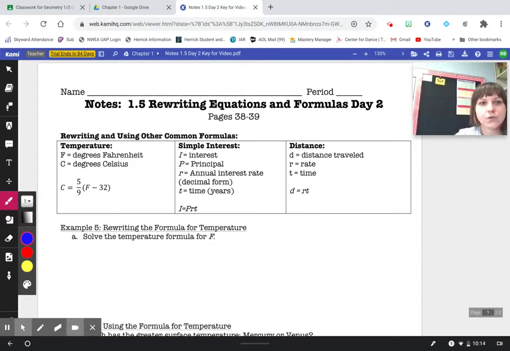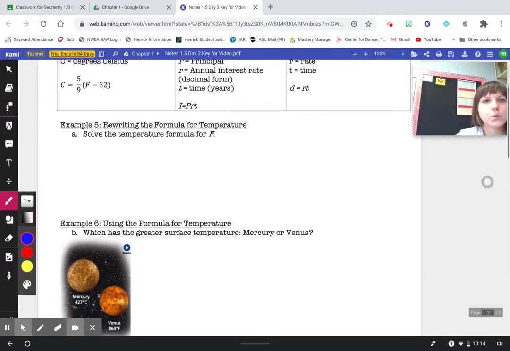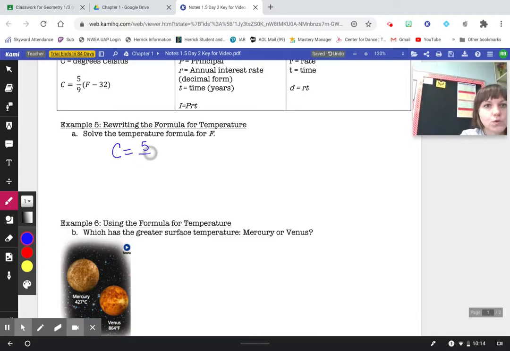So let's tackle this first problem. Example 5a. It says rewrite the formula for temperature. So we're going to solve the formula for Fahrenheit. The equation above is solved for Celsius, so that is equal to 5/9 times parentheses Fahrenheit minus 32.